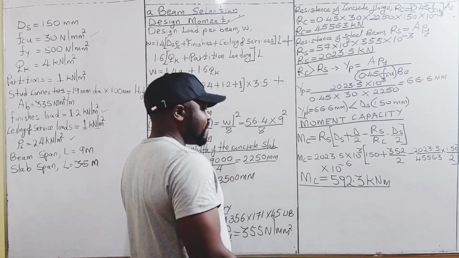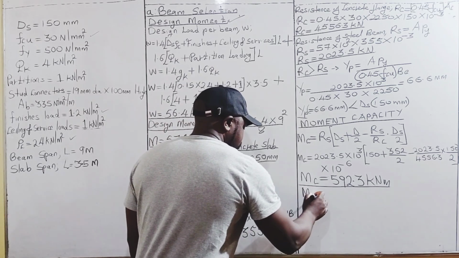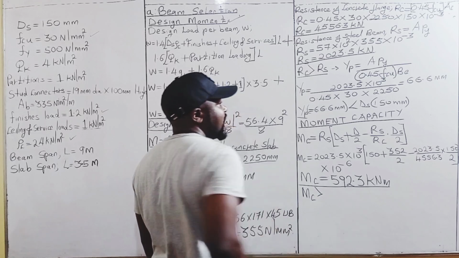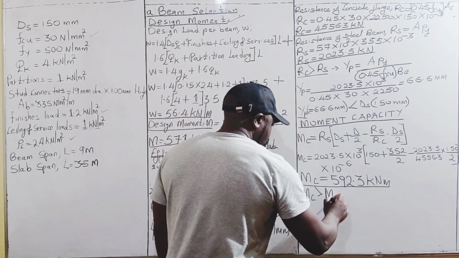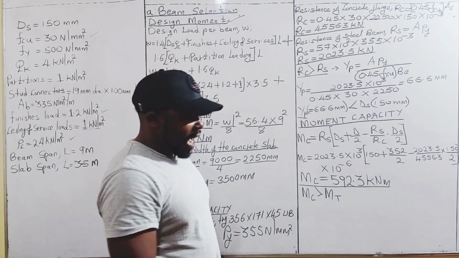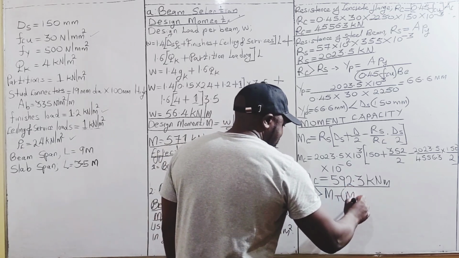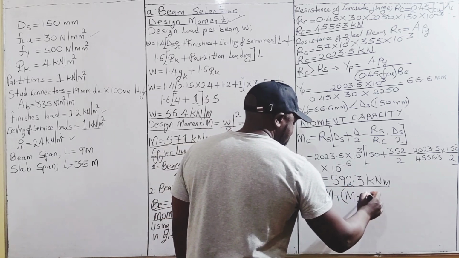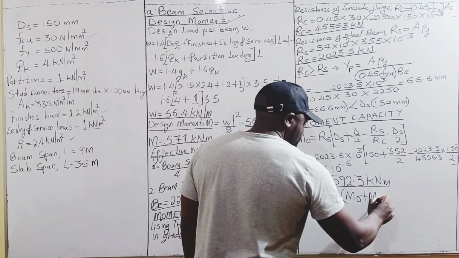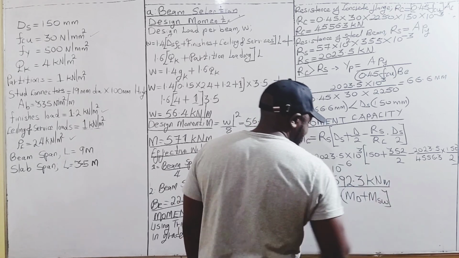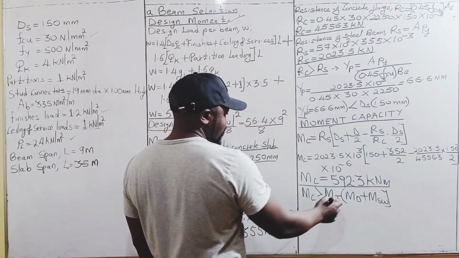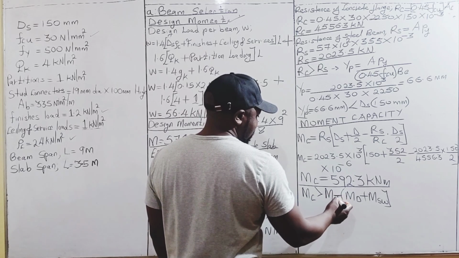Therefore, that is the moment capacity of this particular section. Now, this moment capacity should be greater than the total moment. And in this case, the total moment is given by the design moment plus the moment due to self weight of the beam, and in this case of the steel beam section.